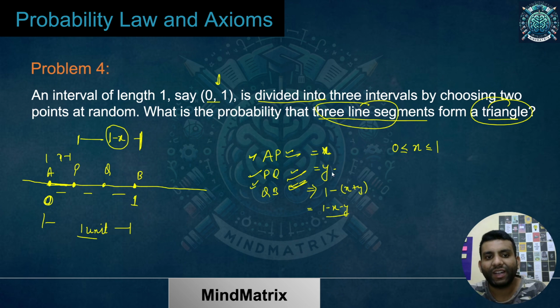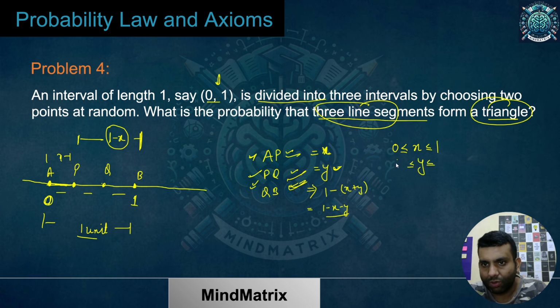PQ was my Y distance. Now PQ can be 0 if Q is on P, and PQ can be equal to PB length as well if Q lies on B. So there is this range for Y value. Y was the length of PQ, so Y can be 0 or equal to the entire length of PB. So what is the condition of Y?